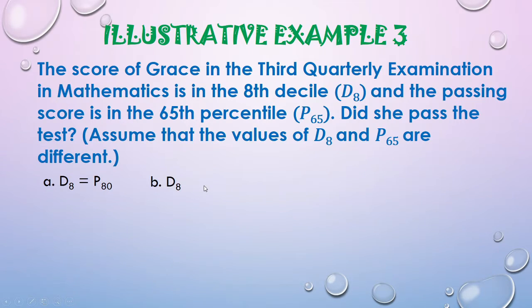Siyempre, ang D sub 8. So, D sub 8 is greater than P sub 65. Ibig sabihin yan, kung mas malaki ang value ng D sub 8 at yun ang score ni Grace. Nasa 8th decile. So, lalabas na Grace's score is at D sub 8.